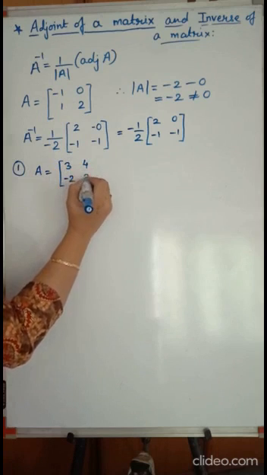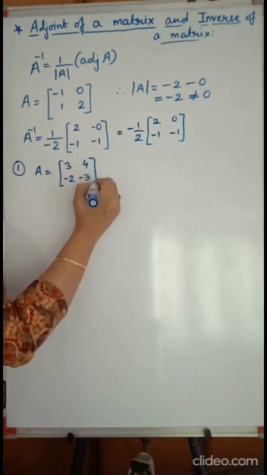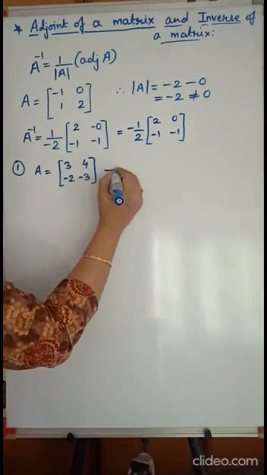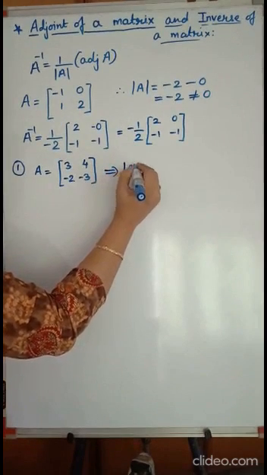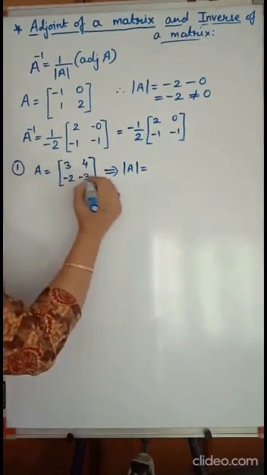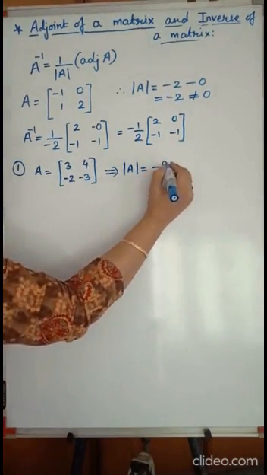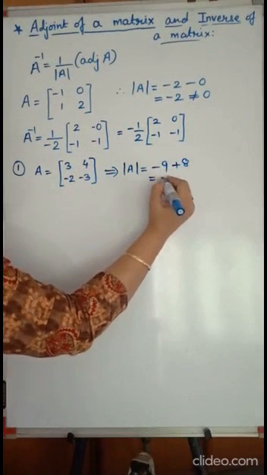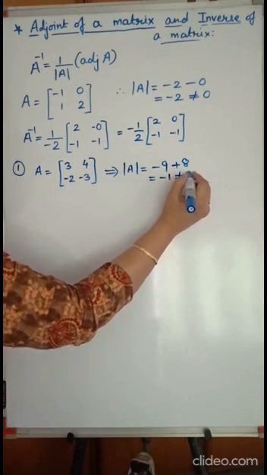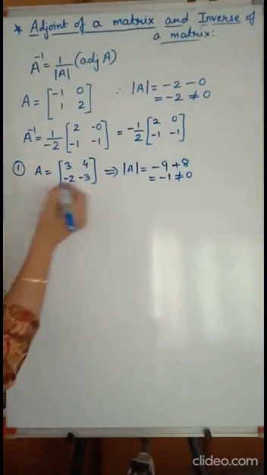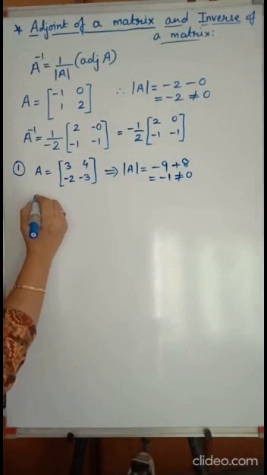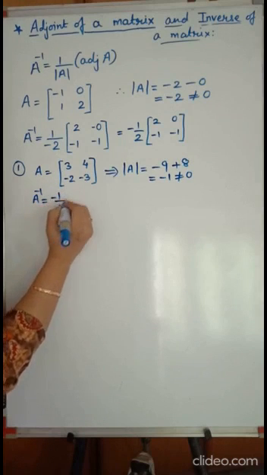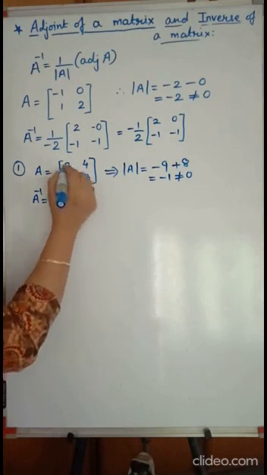Another example, suppose I am giving you one example, A is equal to 3, 4, minus 2 and minus 3. You can take any other examples also. Now find out determinant A. Determinant A is equal to 3 3s are 9, minus, 9 plus 4 2s are 8, equals minus 1, not equal to 0. Right? So we get A inverse is equal to minus 1 upon 1 into interchange the position.